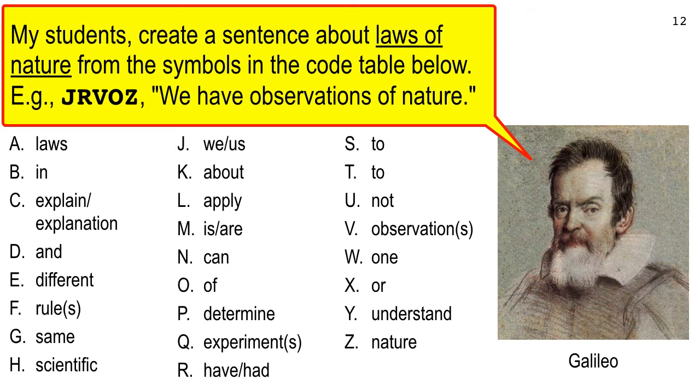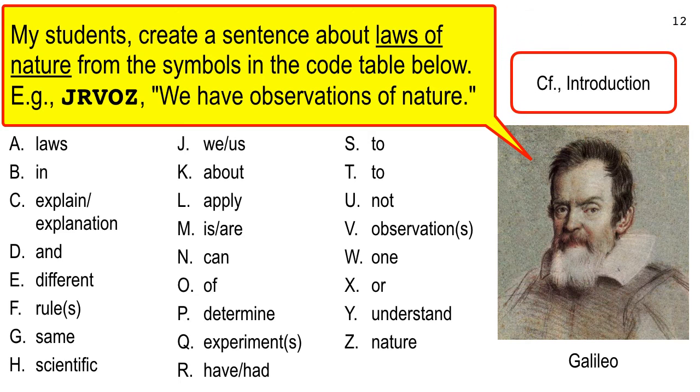Now, I want you to think, and I want you to write down your code string and also your sentence. And consider this the first part of today's notes, all right? Because we're going to be talking about Professor Galileo. And actually, this is the reference for this, the introduction in the e-textbook. All right? So think.